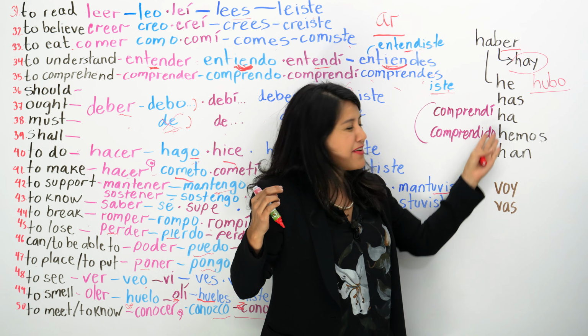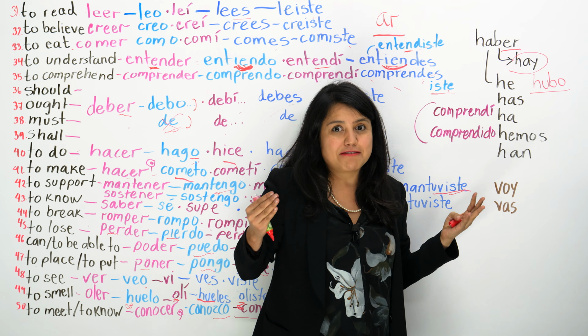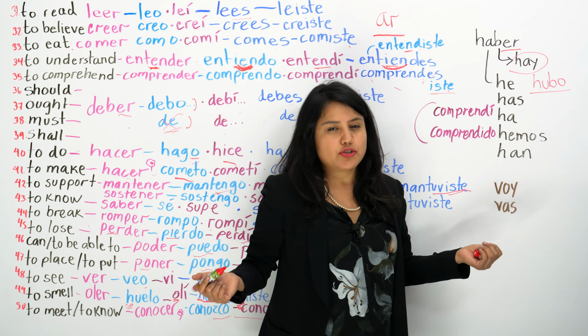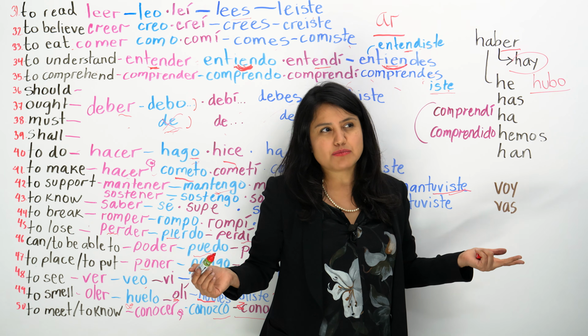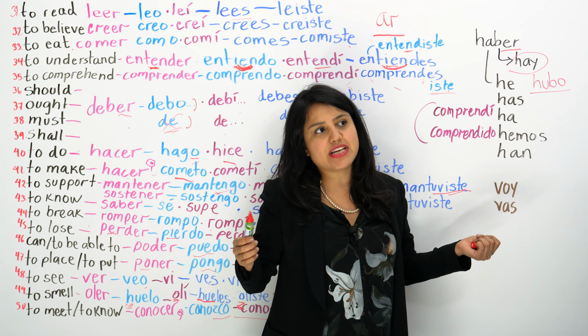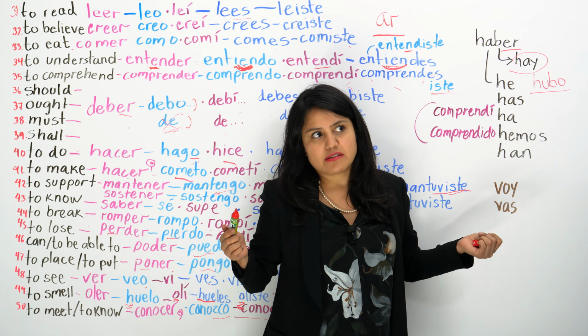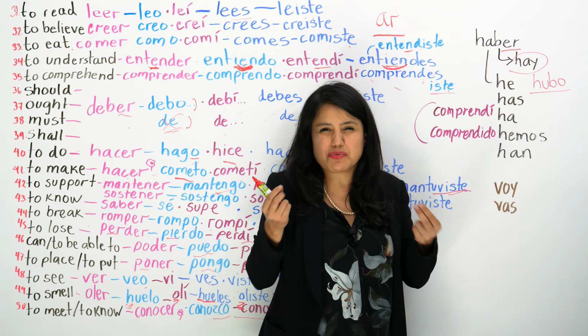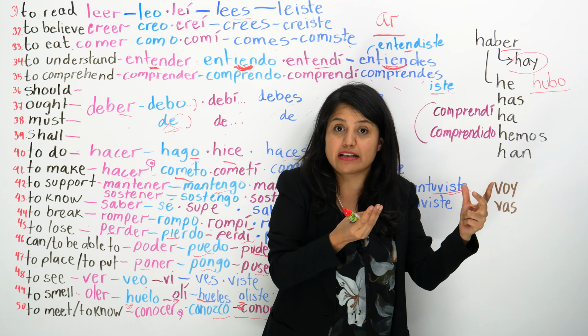This verb really doesn't have a full meaning. Yo he, you would say I have. Well, if you say I have a marker, tengo un plumón. But if you want to say I have decided, if you say I have, nobody knows that you're going to say I have decided. So really that have doesn't have a meaning in that context.